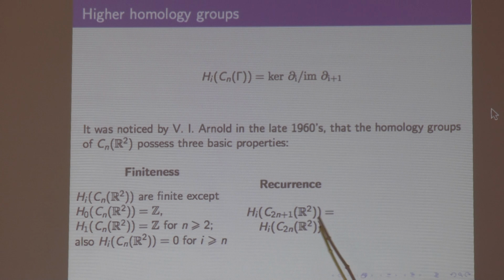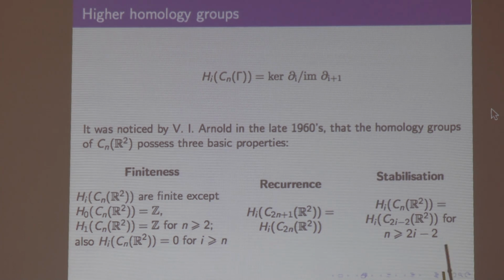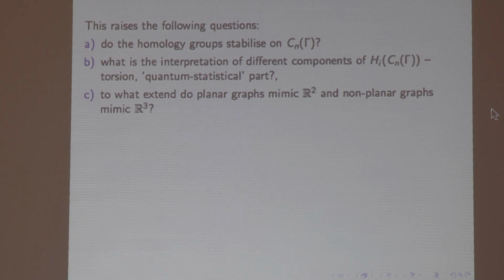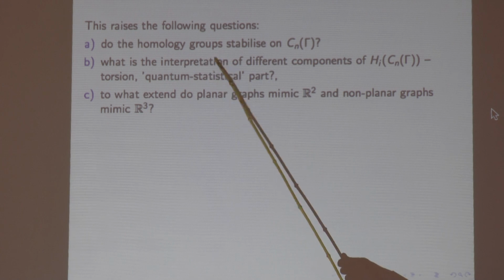There are some recurrence relations which would be very desirable to find. And also the stabilization with the number of particles, with these statistics. So our question is actually, do those homology groups stabilize?